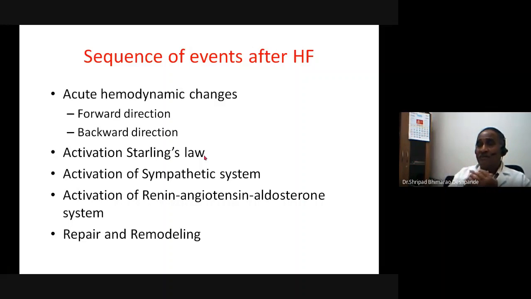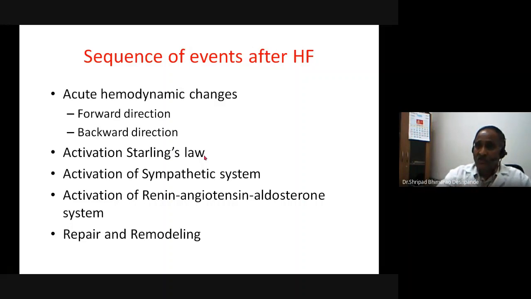So that would happen in the initial stage. Then it would activate the sympathetic system that I would cover, and there will be activation of the renin angiotensin aldosterone system because the renal perfusion is diminished, and then repair and remodeling.